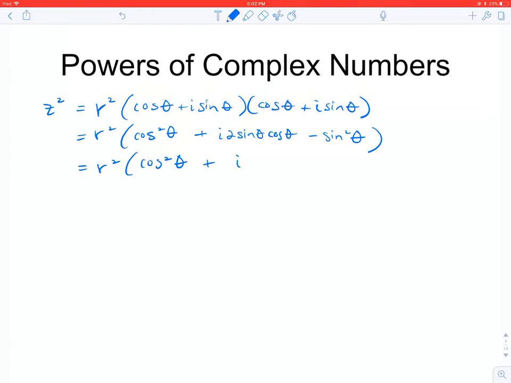Then if I rearrange this, I'll have cosine squared theta minus sine squared theta, and I can rearrange the terms by the commutative property of addition, plus i times 2 sine theta cosine theta.